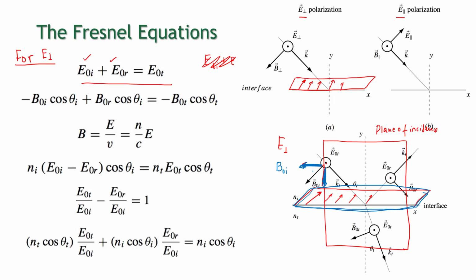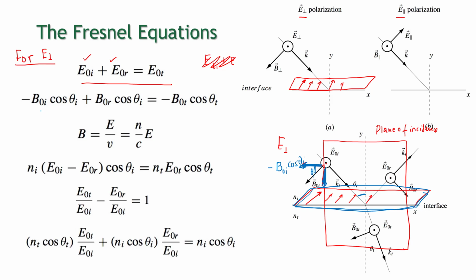So that means we need this one, and this one is BOI. You can show that this angle and this angle would be equal. If this is theta I, this would also be theta I. So this would be BI cosine theta I, and it's pointing to the left, so you will have a minus sign.